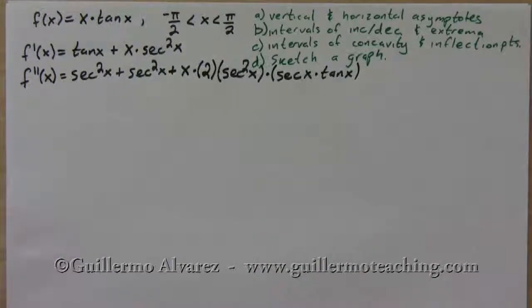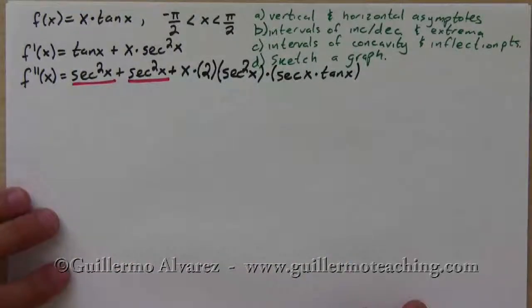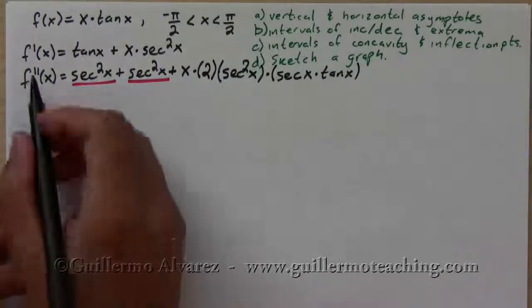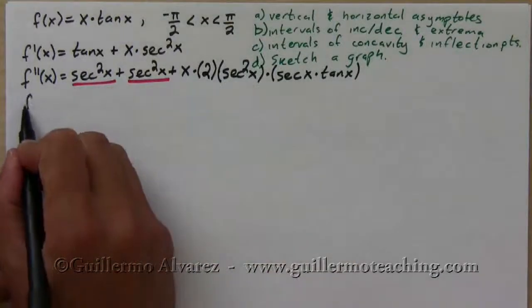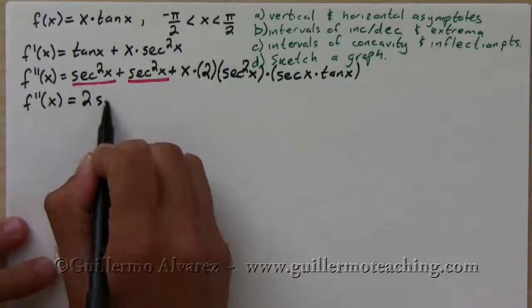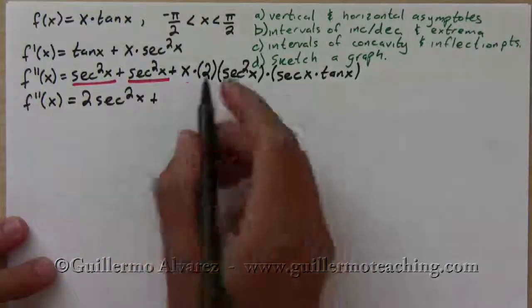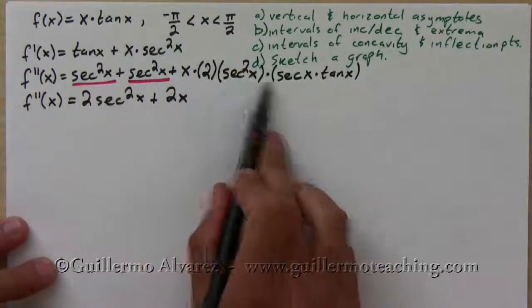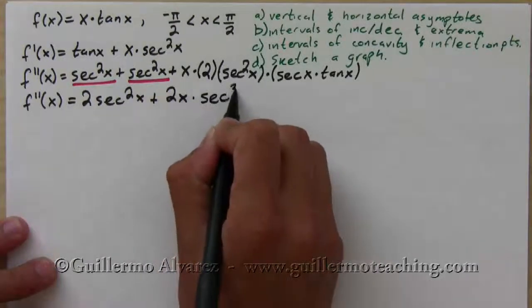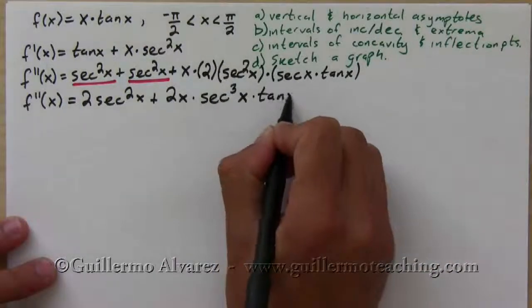Okay, and so we should simplify this a little bit. Notice that these two, we can add them together. And so what we get for the second derivative is going to be 2 secant squared x plus 2x, and then secant squared times secant, this is going to give us secant cubed x times tangent of x.